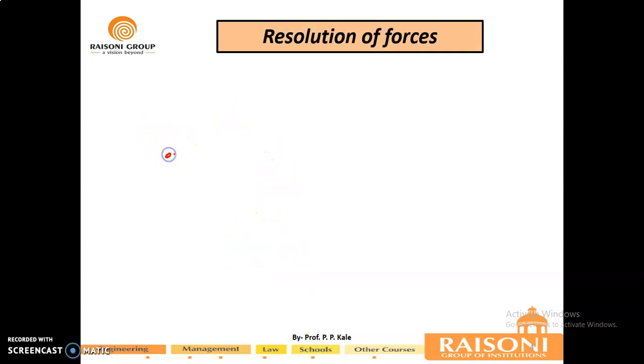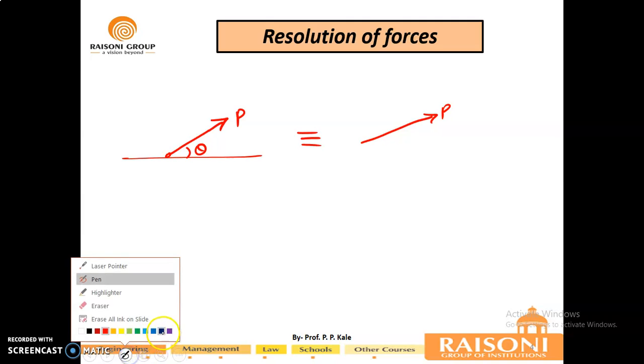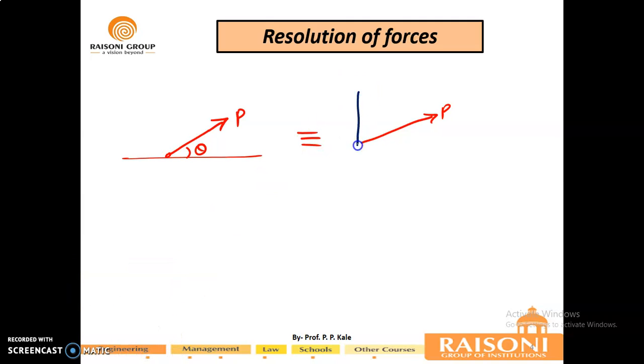If you are given any force P which has inclination with respect to horizontal as theta, then you can replace this force P by its two mutually perpendicular components like this. This will be Px and this will be Py. Now your inclination is with respect to the horizontal, so Px will be P cos theta and Py will be P sin theta.